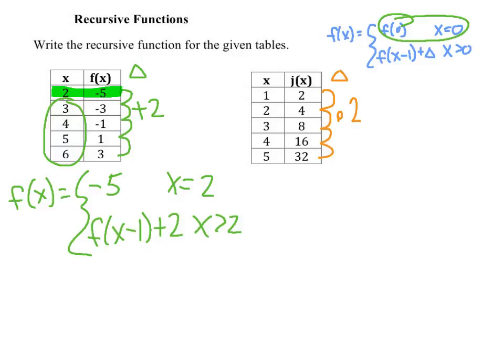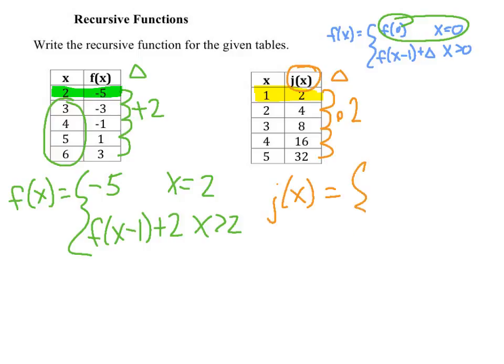The next thing I need to do is find my starting value. So my starting value is going to be my input of 1 and my output of 2. So now to write the recursive function, I have j of x because that's the name of my output value right there.